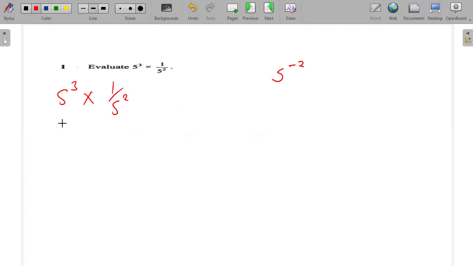So the expression that we have now is 5 to the 3 multiplied by 5 to the power negative 2, isn't it?